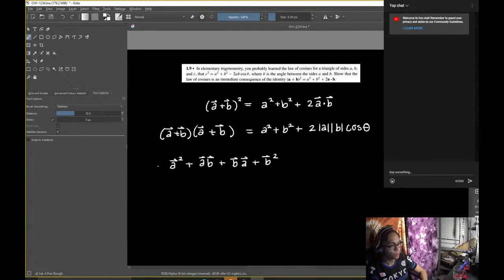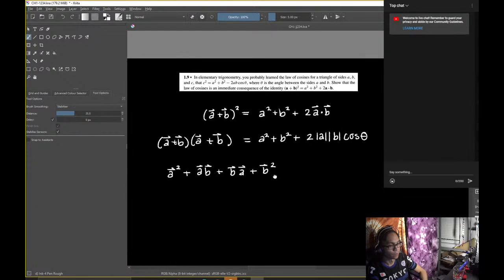I thought A dot product A should be, let me think. A dot product A should be A. It's meant to be like that. So, dang. Theta of that, theta is equal to 0. Okay, cosine 0 is, alright, I get it now.